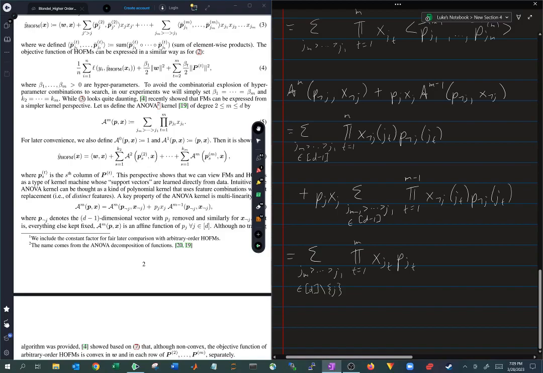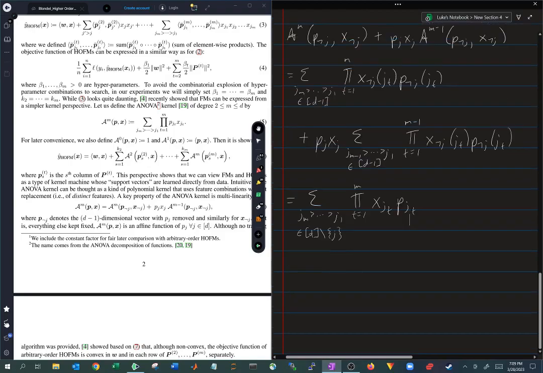Now let's do the same thing here. So we're going to add the sum. Again, we have jm minus 1 going to j1, and these are in d without j. And we're going to bring this xj and isolate it.